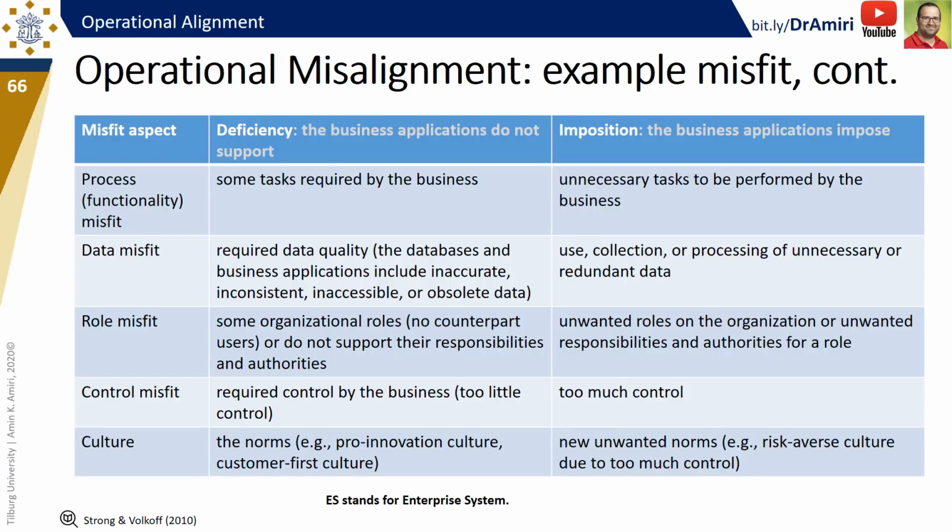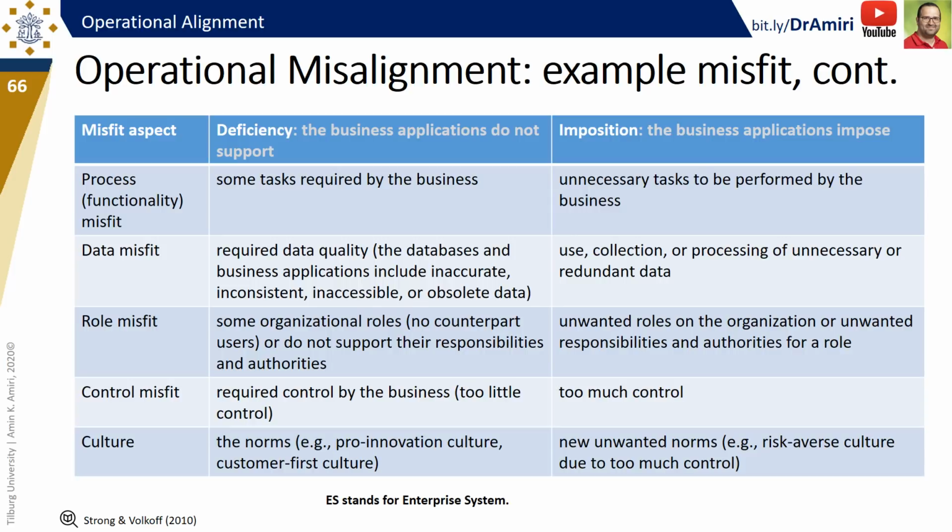Note that operational misalignment has two dimensions according to Strong and Volkov: deficiency and imposition. For example, the process misfit or functionality misfit can happen in two forms. Some tasks that are required by the business are not supported by the business applications.